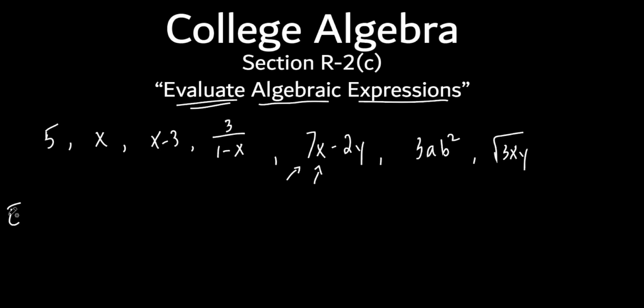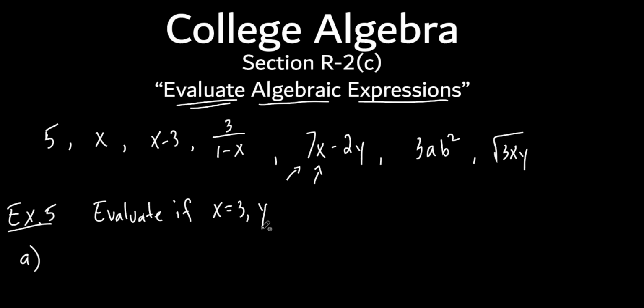So here's an example. This is example 5 because we're still on R-2. So here's what it says to do. It says to evaluate each expression. The book says evaluate each expression if x is equal to 3 and y is equal to -1.